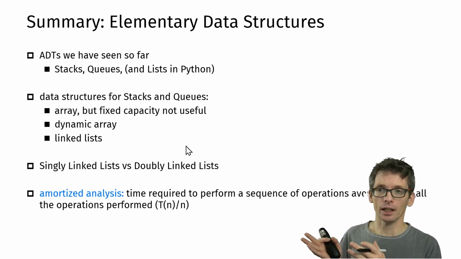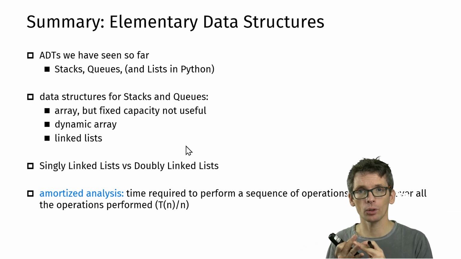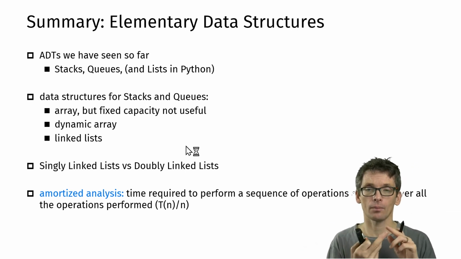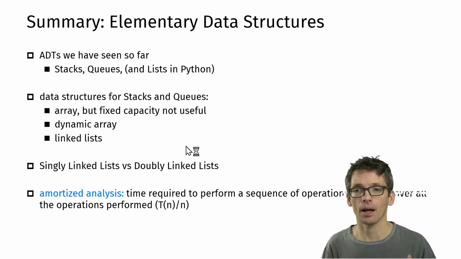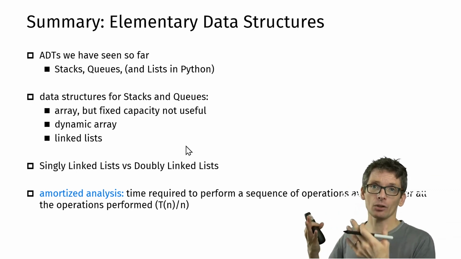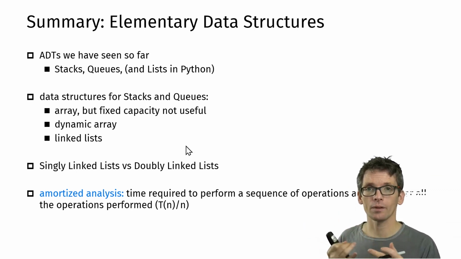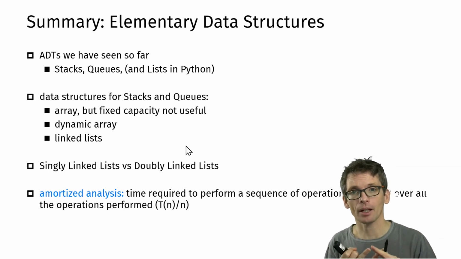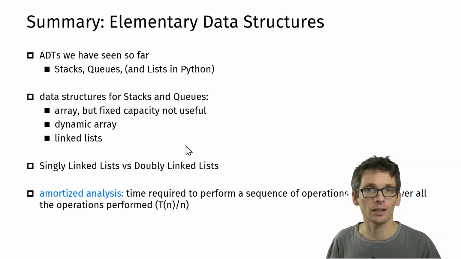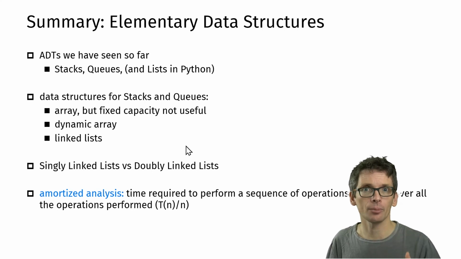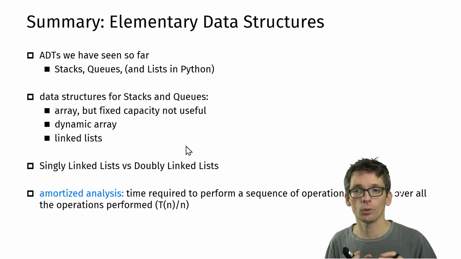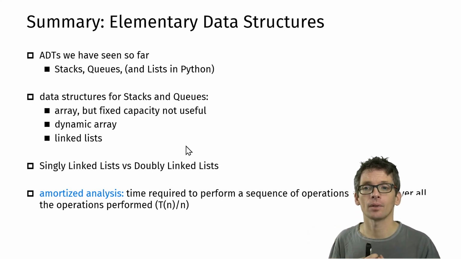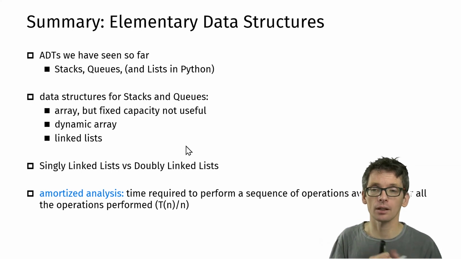As abstract data types, we've seen stacks and queues, and we have seen lists in Python. In terms of data structures, for stacks and queues, we've seen arrays of fixed size. Those were not that useful. Dynamic arrays, which implement the lists in Python and can be used for stacks and queues, and linked lists, singly linked lists and doubly linked lists.